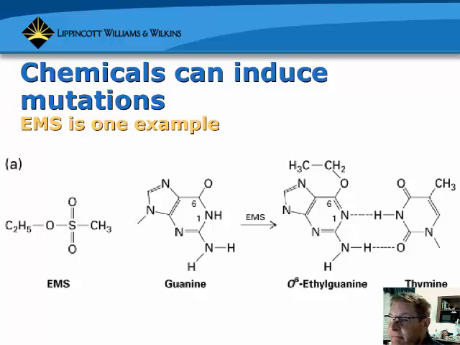Chemical mutagen. One example of these chemical mutagens is EMS, ethyl methane sulfonate. There's a structure here on the left. If you know any organic chemistry, you can probably tell that with the sulfur and all these oxygens, this is a very reactive chemical.